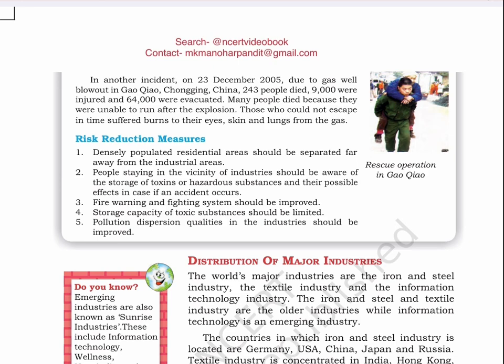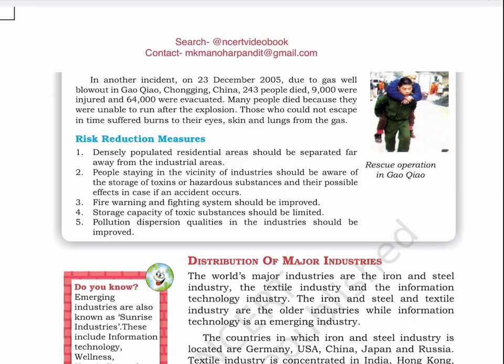Number 3. Fire warning and fighting system should be improved. Number 4. Storage capacity of toxic substances should be limited. Number 5. Pollution dispersion qualities in the industries should be improved.